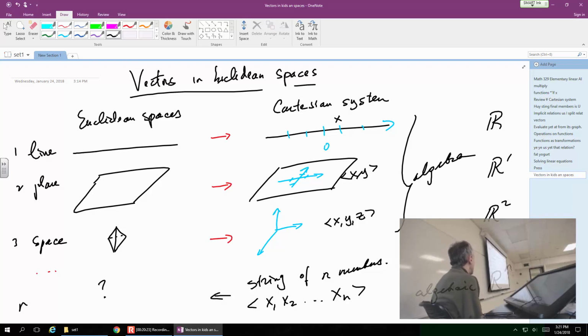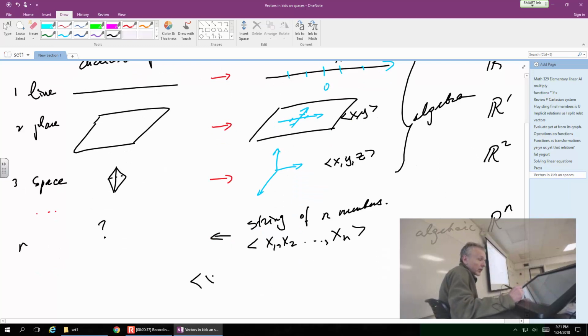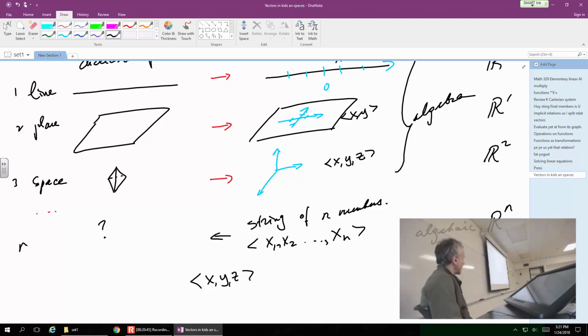You have a letter that represents the name of the sequence, which is pretty much x, and then the subscript indicates the item on the list. Just to illustrate this, say x, y, z. We don't want to stop with this, even though we'll keep coming back to lower dimensions, and we'll have x, y, z again and again.